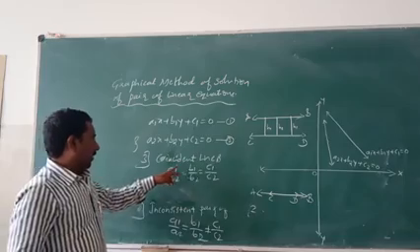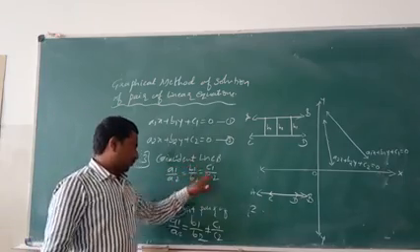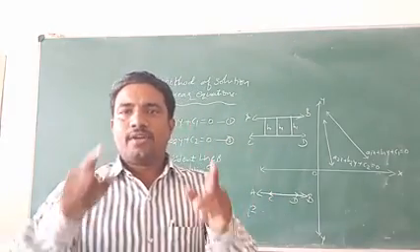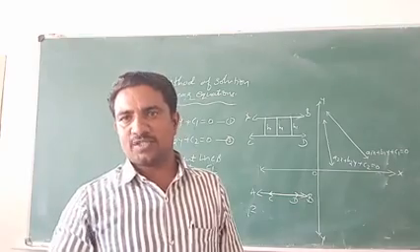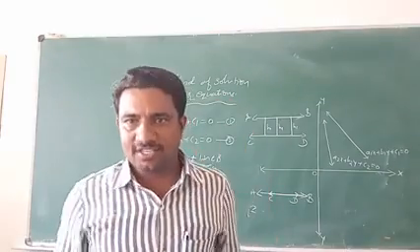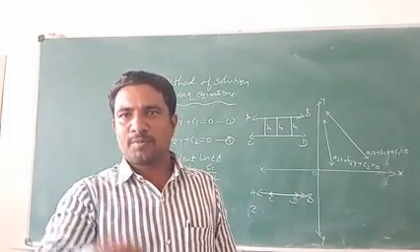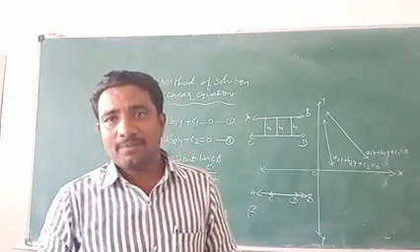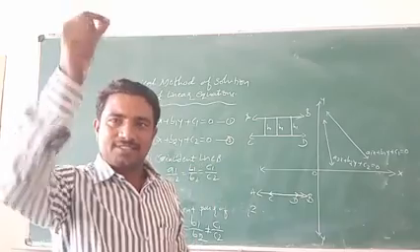If a1 by a2 is equal to b1 by b2 is equal to c1 by c2, then the lines are coincident. If a1 by a2 is not equal to b1 by b2, then the lines are consistent. If a1 by a2 is equal to b1 by b2 and it is not equal to c1 by c2, the lines are called parallel lines. These are the three conditions.